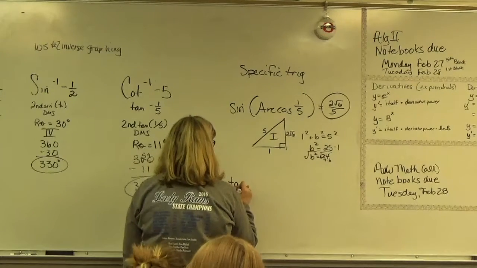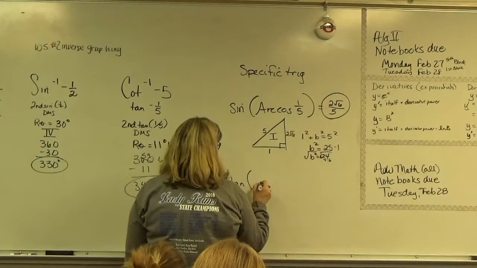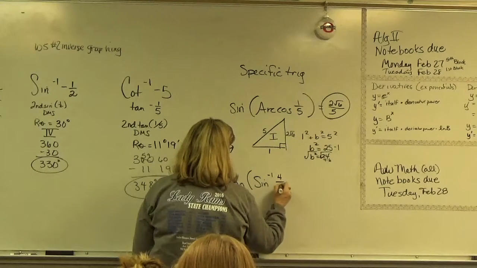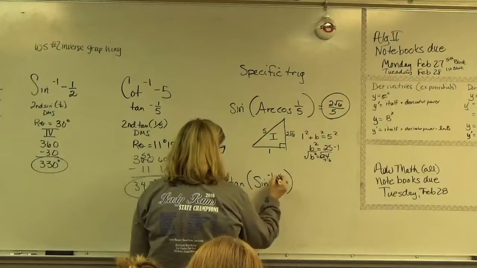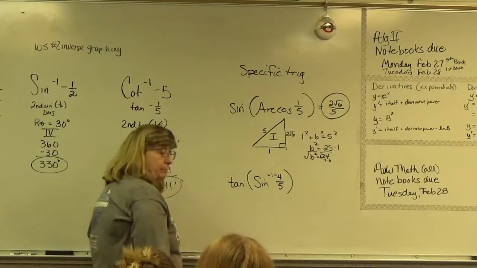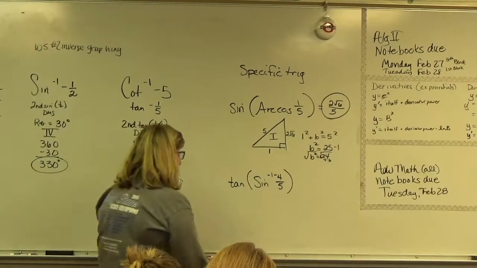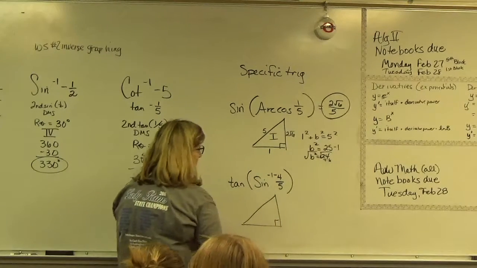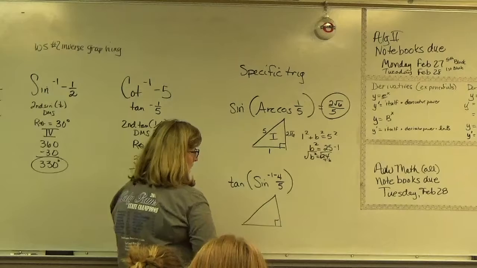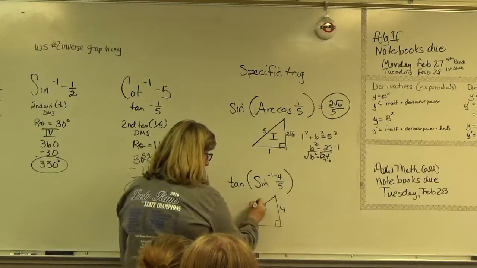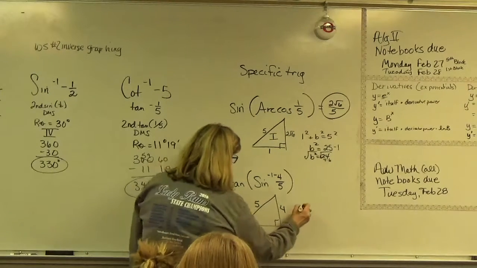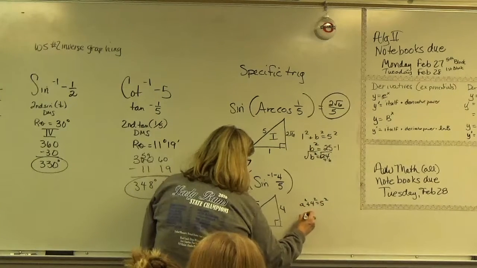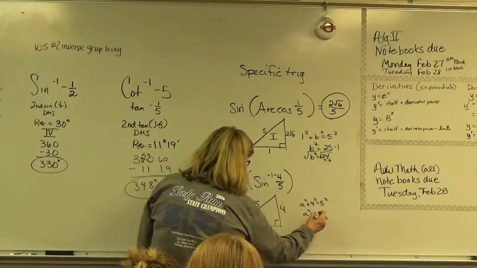Let's do tangent of the inverse sine of 4/5. Make that negative. So what's sine by definition? Opposite over hypotenuse. So a squared plus b squared equals c squared, or you may remember from your geometry, the 3, 4, 5 triangle.